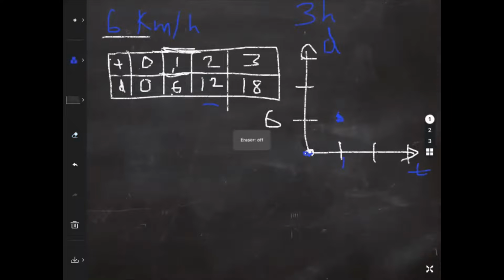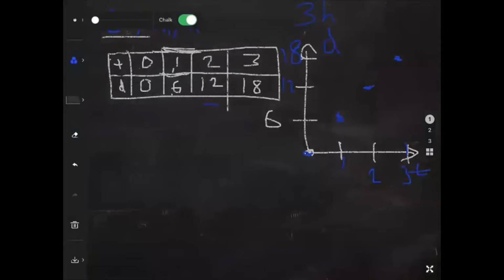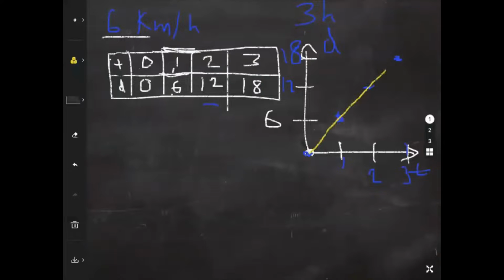Let's go 2 here, and 12 here. And then we've got 3 and 18 at the top. Now that we've plotted all those points, we can just connect the dots and that will give us a straight line graph.